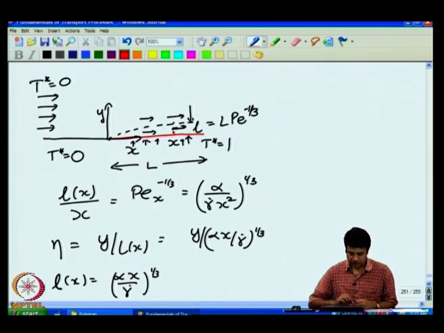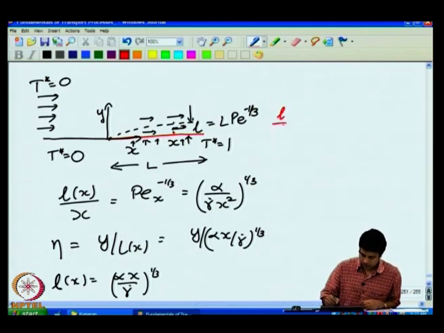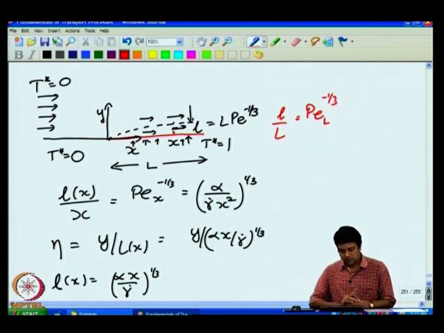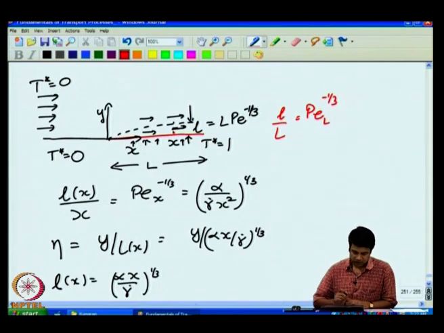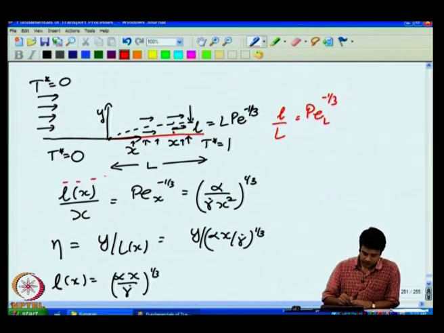Okay. So, rather than writing small l by capital L is equal to Pe based upon L to the minus 1/3, what I said based upon physical insight was that at a given location x, the boundary layer thickness can depend only upon the distance x itself. In that case, the only form for the relation is of this type. Okay.